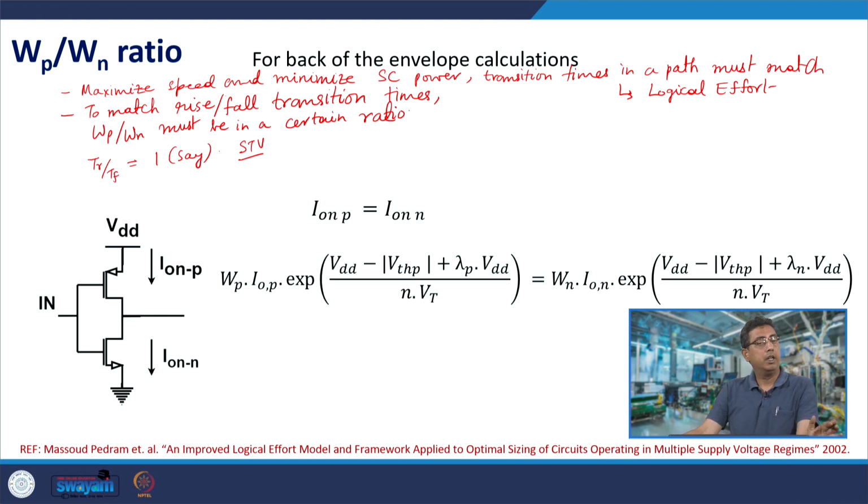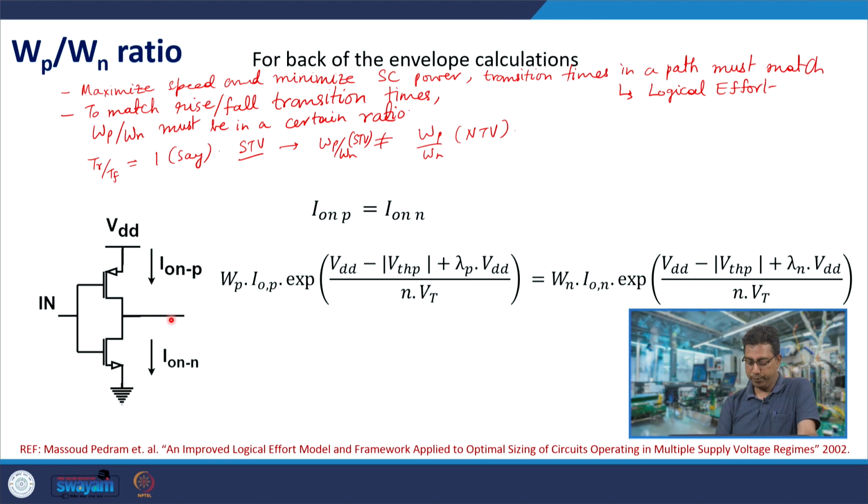So, the ratio of WP and Wn, which ensures a TR by TF equal to 1, would not remain the same in near threshold voltage regime. WP by Wn may not be equal to the WP by Wn of near threshold voltage regime. Therefore, we need to freshly estimate the WP by Wn for near threshold voltage regime.